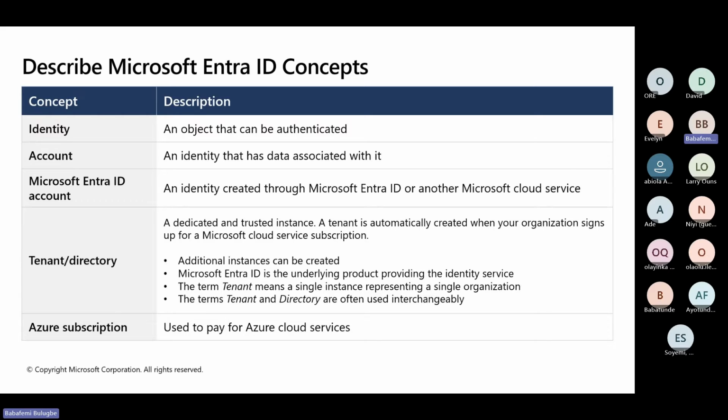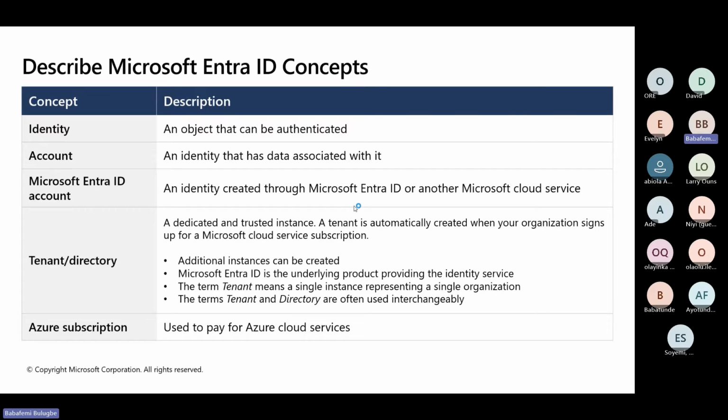Then we'll talk about account. An account is an identity which has been associated with data. When you have your user account created, then let's say we have some data associated with that particular user account, like the name, the UPN, and other properties that have been associated with that user account.